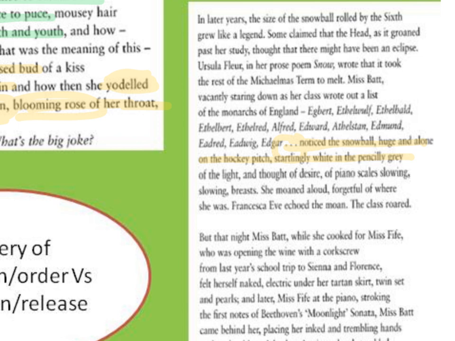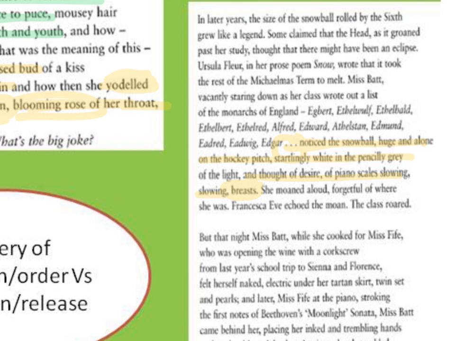"And thought of desire, of piano scales slowing, breasts," very jarring juxtaposition of words there. It's deliberately meant to stand out, this reference to the female body. So her mind has wandered, almost as though it's never wandered into this territory before, and certainly not in school.